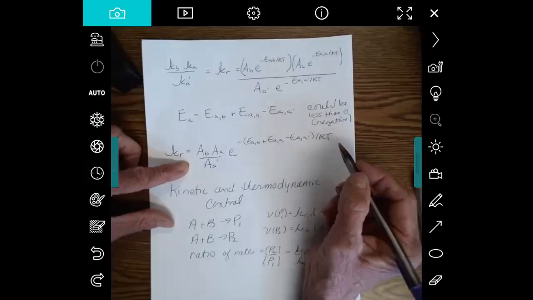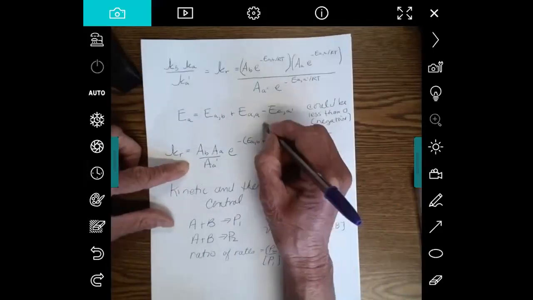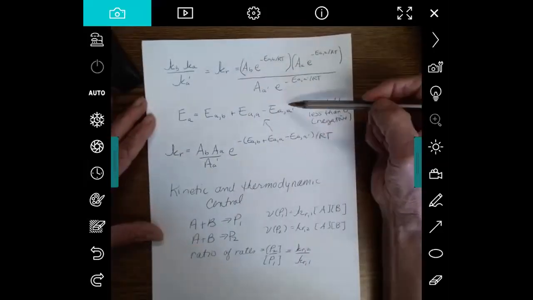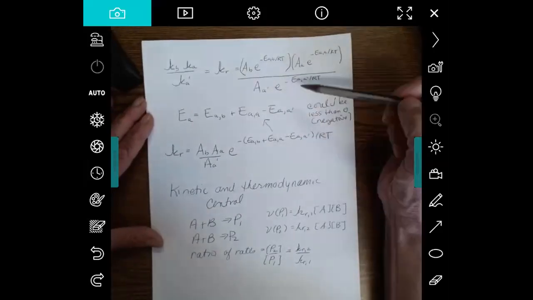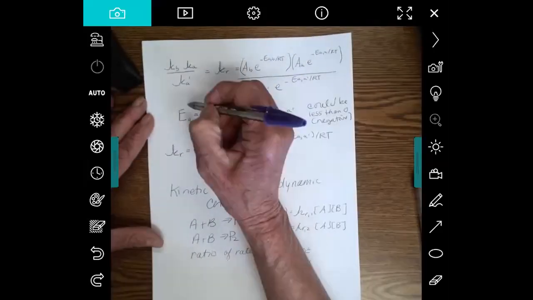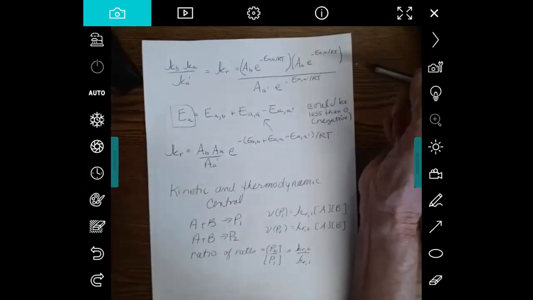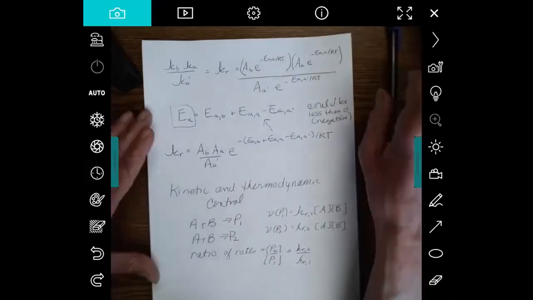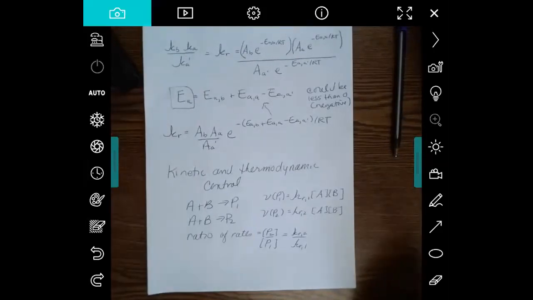So technically, the activation energy, right here, is equal to a sum of all these activation energies for the individual steps. So depending on their relative values, you could end up with an apparent EA that's negative, which would mean the rate constant would decrease as temperature goes up, which is not something you think is normal, but it doesn't mean that you have a negative activation energy for any one step. It means that overall, the relative activation energies add up in such a way to make it appear that way.